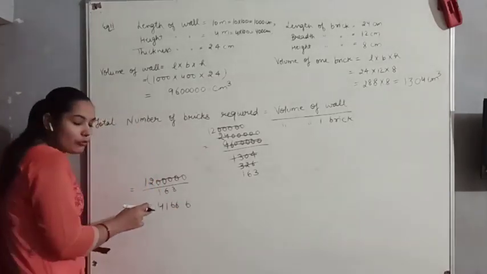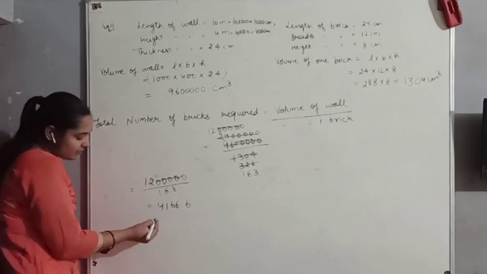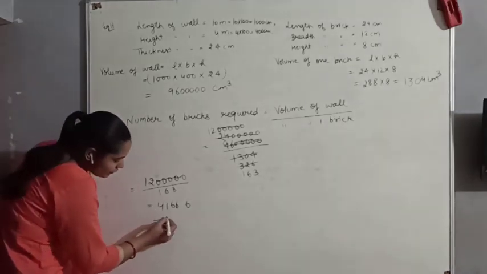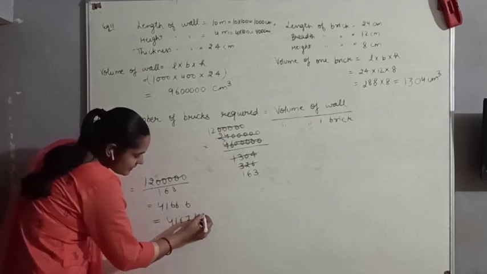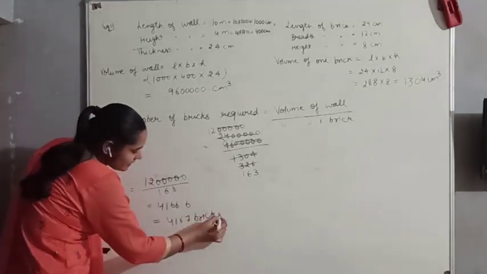But we know that number of bricks cannot be in decimal, so it is equal to 4167 bricks.